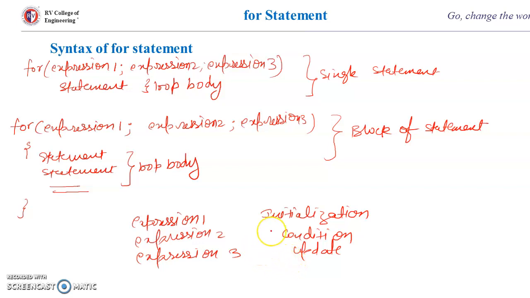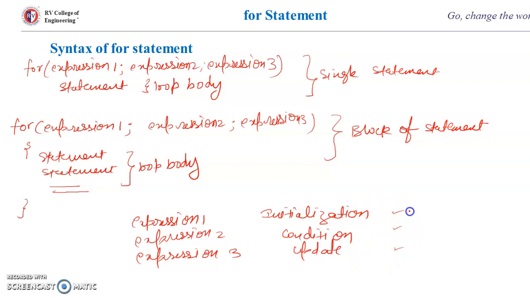If you remember, in while and do while, we used to initialize the variable before the while loop, then inside the parentheses of the while loop we were checking the condition, and in the body we were giving the update expression. Here, all three expressions are written in a single line separated by semicolon. So expression 1 is the initialization expression, expression 2 is a test expression or a condition, and expression 3 is an update expression.